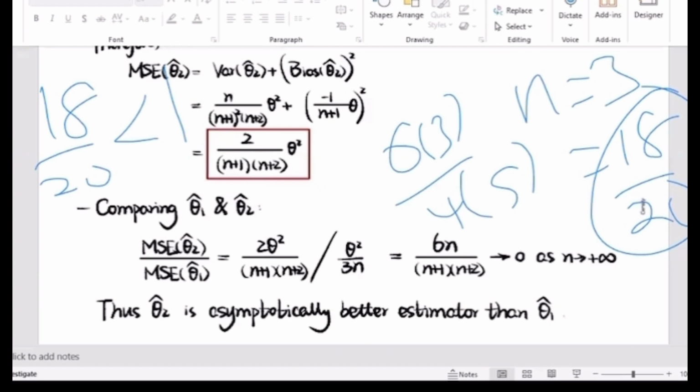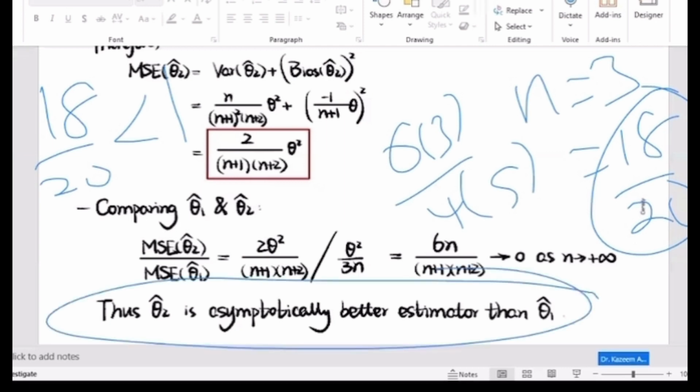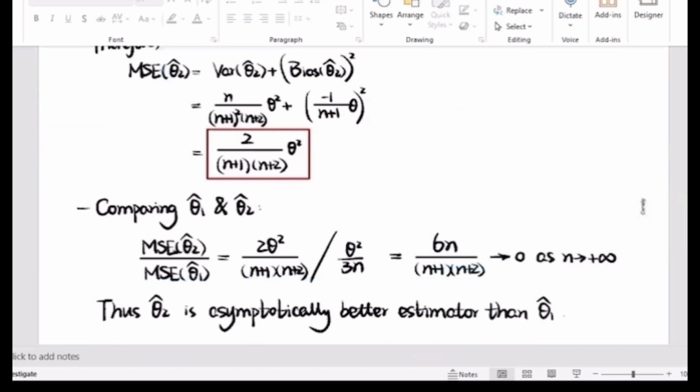That is the reason why I made this statement: theta cap 2 is asymptotically a better estimator than theta cap 1. Why do I use asymptotically? It means for large sample size, at least from 3. Does that make sense? Any question now on this? Any question? Go ahead.